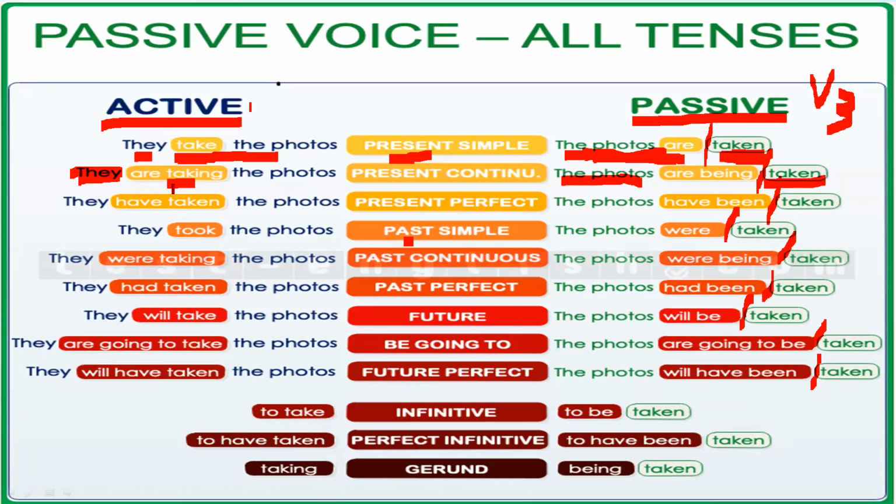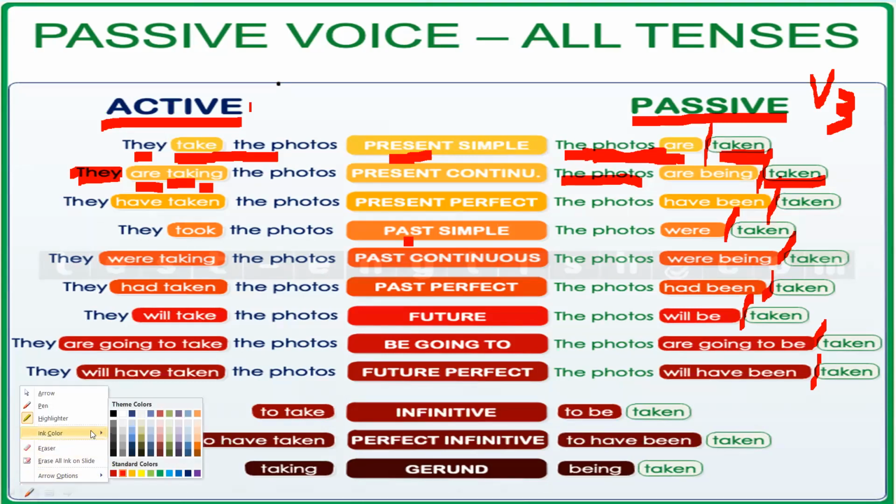And what's the tense in the original sentence? Are taking, this is the present continuous. Are, the present form of verb to be for a plural subject, they, and take the infinitive form of the verb take, and ing, this is the continuous.